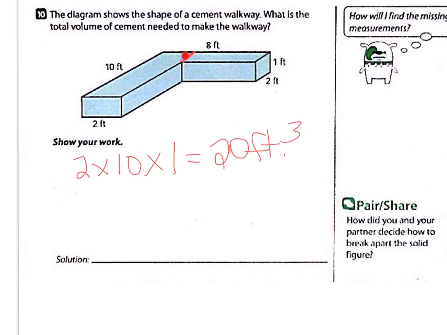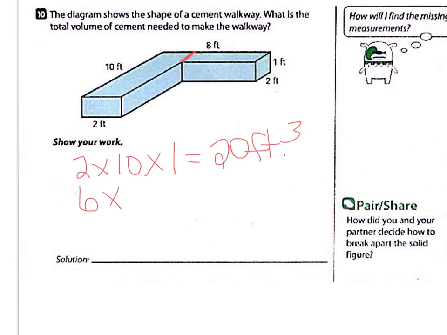I have to take away this amount of length, 2 feet. So 8 minus 2 is 6. So the length of this part that's left is only 6. Think about it. If I added 6 plus 2, I'm going to get 8. So I have 6 is my length. My width is still 2.